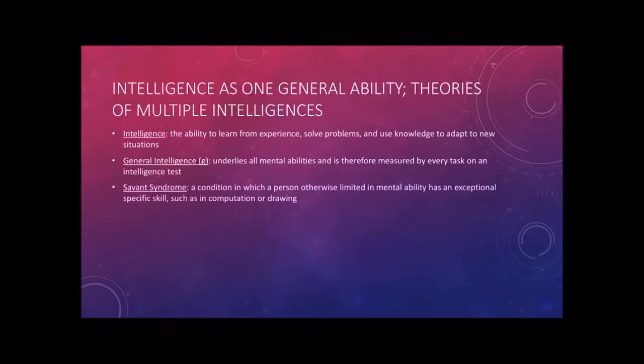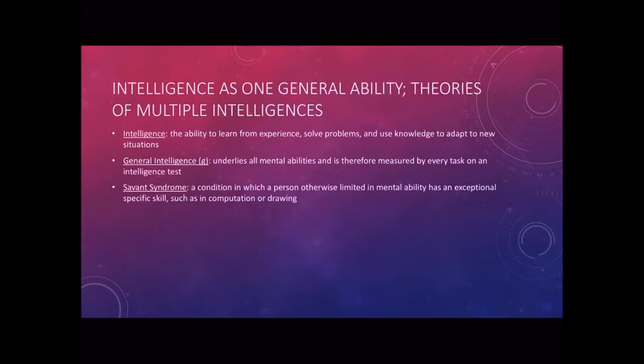Whereas other theories like Gardner's theory of multiple intelligences say, no, there are multiple different types of intelligence, and you can be very intelligent in one type and not very intelligent in another. That's a very different concept than saying everyone has a characteristic level of intelligence that doesn't really move around. So that's Spearman's theory.